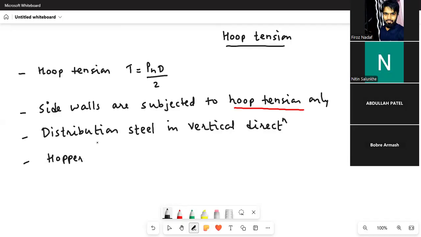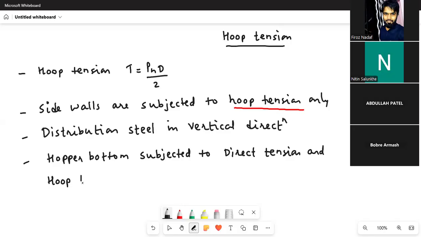Hopper bottom, that is sloping slab, is subjected to two forces: direct tension and hoop tension, due to normal pressure.